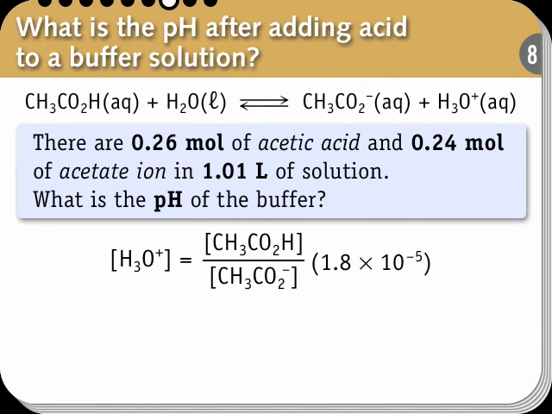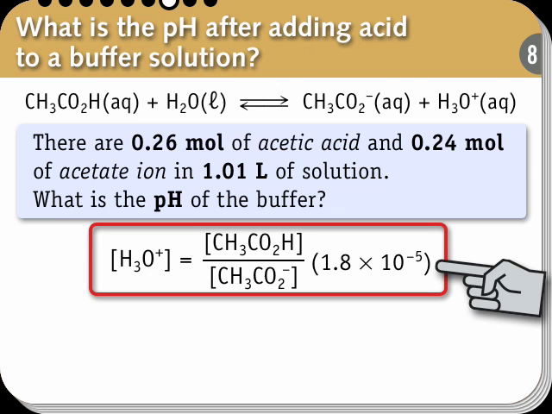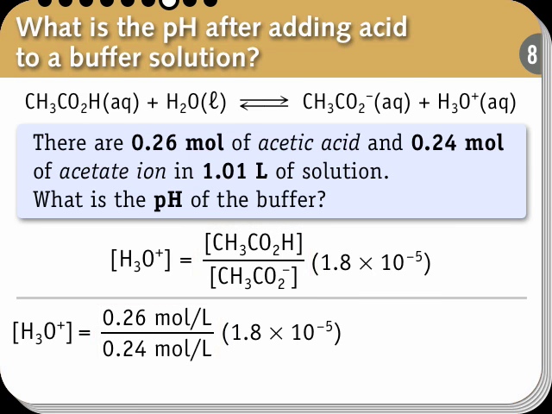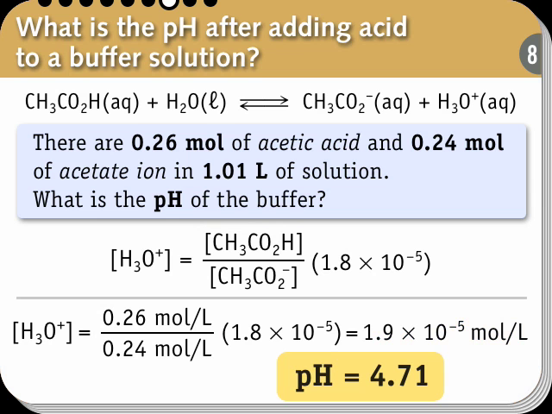To calculate the pH of the buffer, we go back to the equation for the hydronium ion concentration of a buffer and substitute in the concentrations of the acid and conjugate base. We find the hydronium ion concentration has increased slightly on adding HCl, and so the pH has dropped slightly from 4.74 to 4.71.